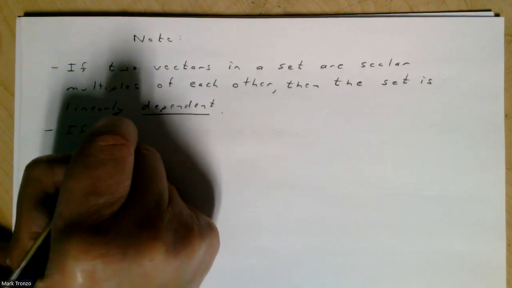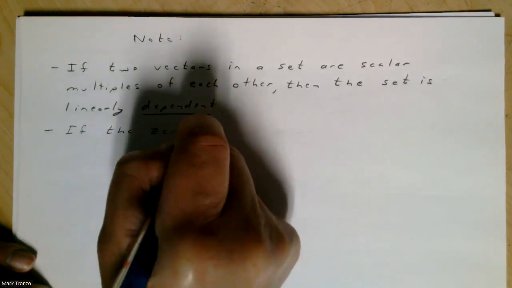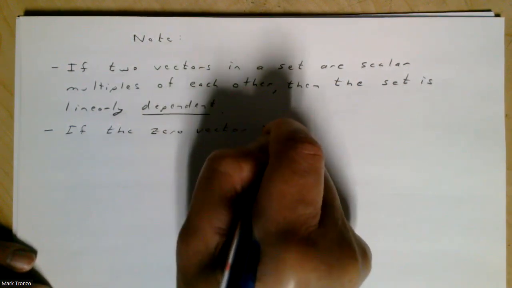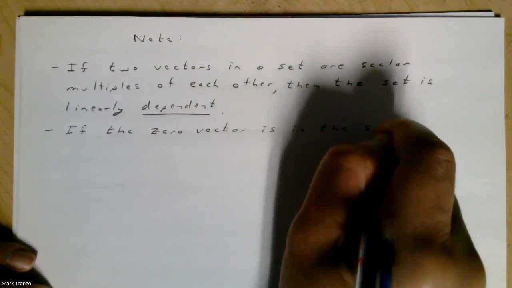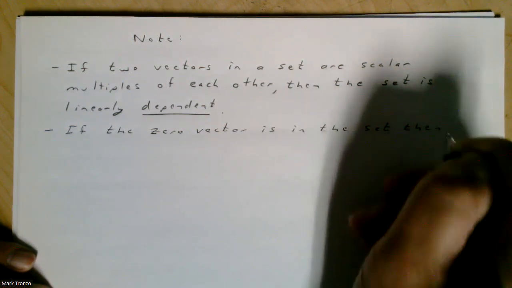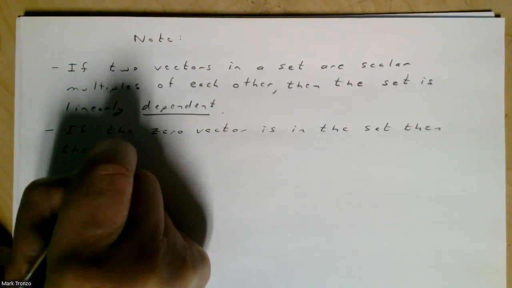And if the 0 vector is in the set, then the set is linearly dependent.